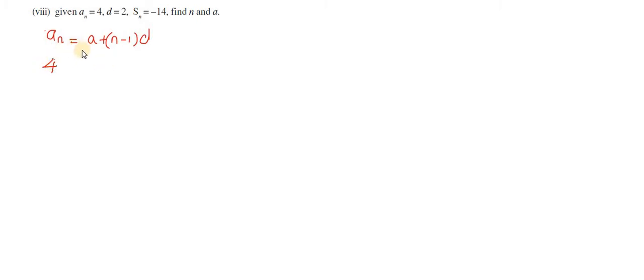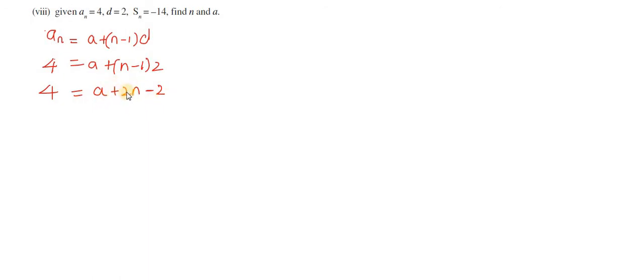So here an is 4, which is equal to a plus (n minus 1) into the d value, which is 2. Now simplify. So 4 is equal to a plus 2n minus 2. Now we need to keep a on one side.